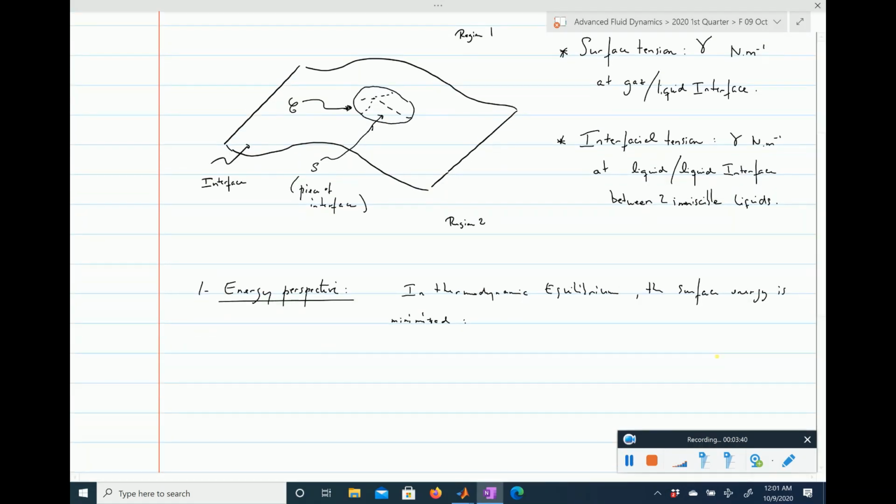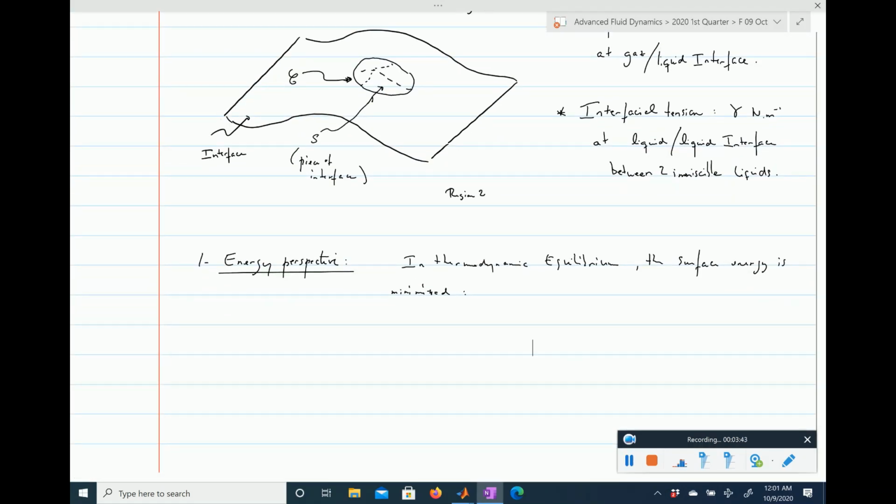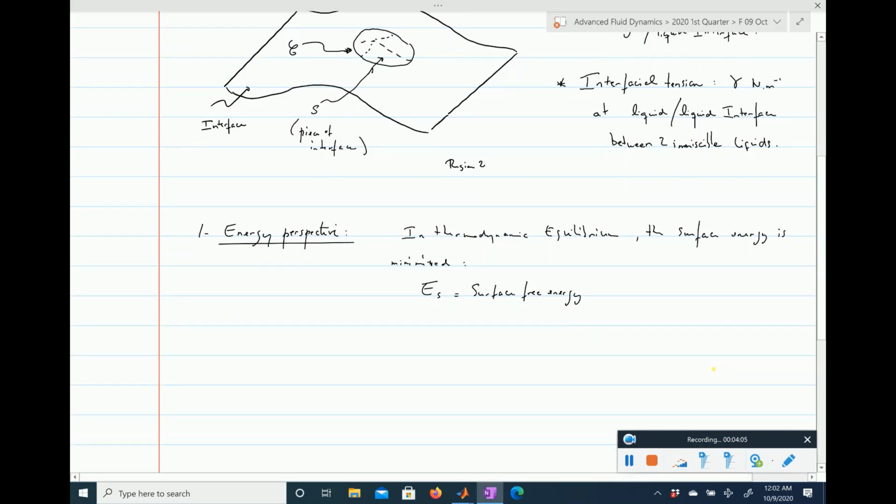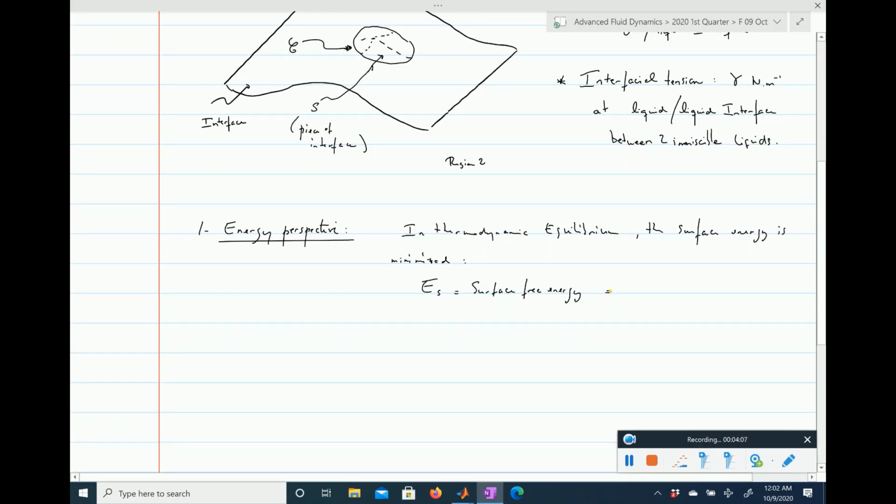So in thermodynamic equilibrium, you know that the free energy is minimized, and one way to think about surface tension is as it relates to the free energy of the interface, or the surface energy, by simply writing E_S, which will be the surface free energy, and the surface free energy is proportional to the surface area, right?